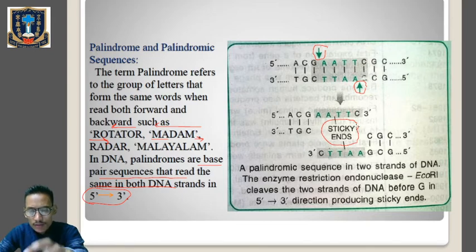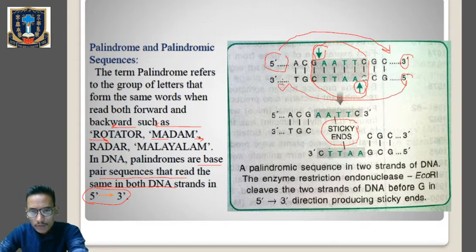We'll see this in detail when we go through the next topic. But just for now remember the sequence GAATTC, which is being read in the same way when you go from 5' to 3', and again from 5' to 3'.